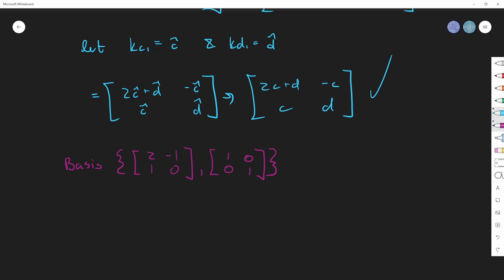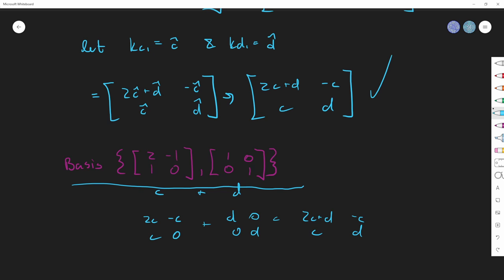Because if you multiply these by C and then by D and add them together, you'll have 2C minus C, C, 0 plus D, 0, 0, D, and that's just 2C plus D, C, negative C, and D. So this is our basis if they ask you to find it.